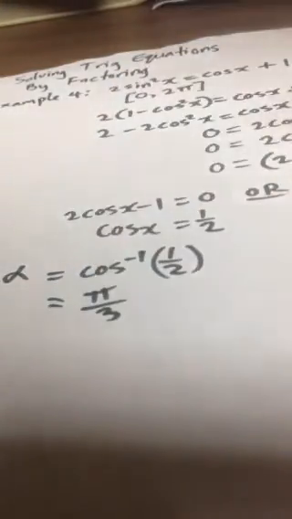Our reference angle alpha is equal to cos inverse of a half, which we know is 60 degrees or pi on 3 radians. Now cos x is equal to a half, that's positive a half. Where is cosine positive? You will recall that it's positive in the first and fourth quadrants.